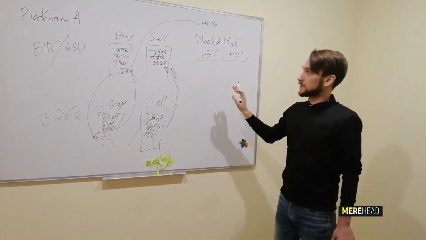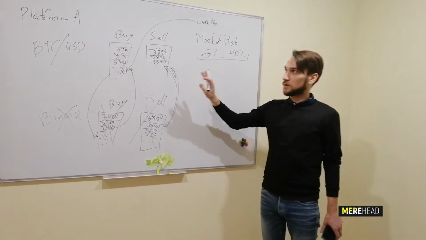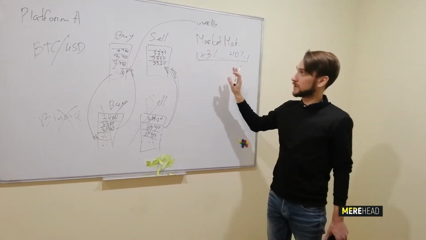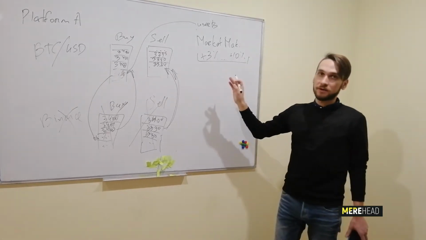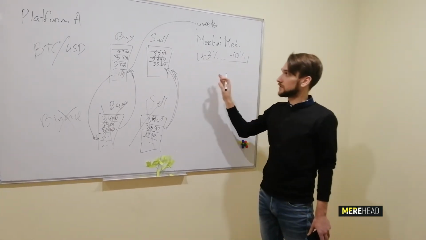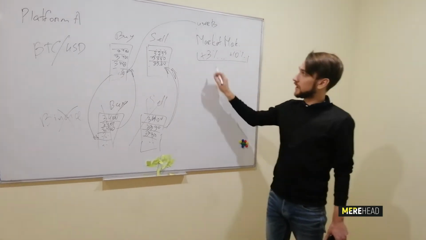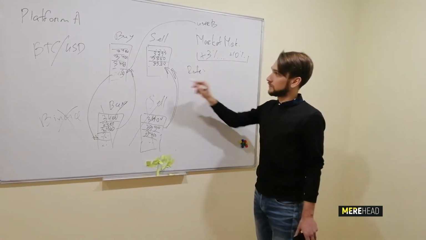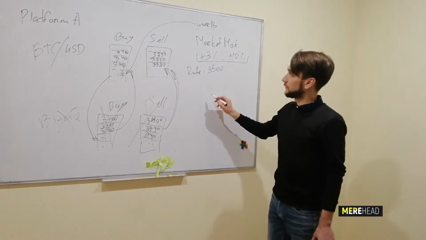How exactly does it work? Once you launch your system, you have an empty order book. And once we turn on market makers, they fill it. We can put 5,000, 10,000, a few hundred, a few thousand orders, it doesn't matter. The current exchange rate for BTC to USD is about 3,500.